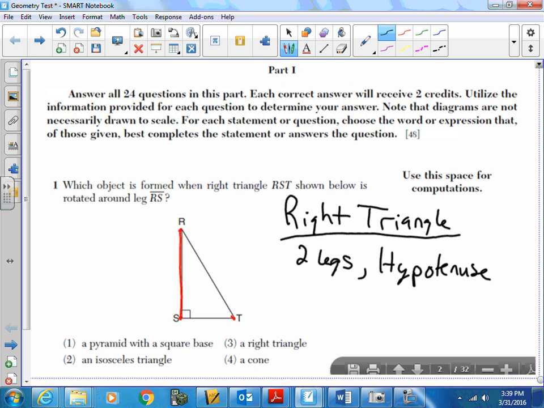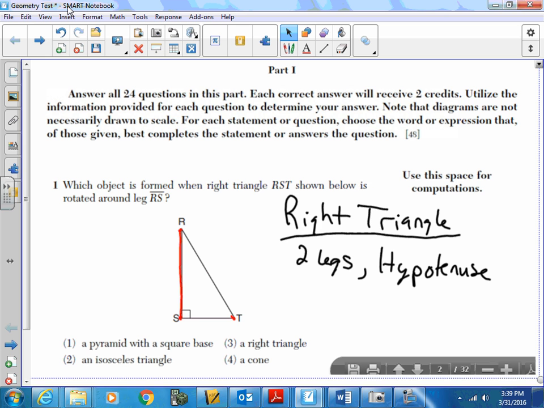So I want you to write that down. You don't necessarily have to know that for this problem, but it is something I want you to write down and remember. All right, it says which object is formed when it's rotated around RS.